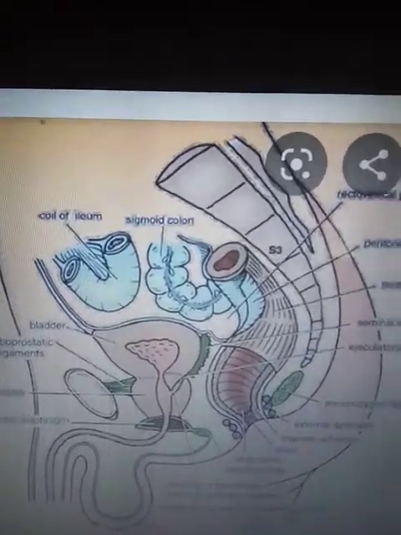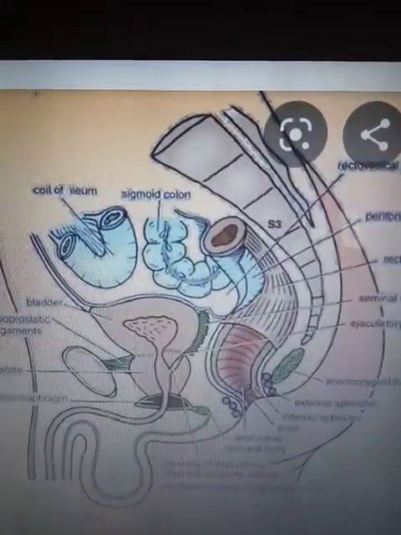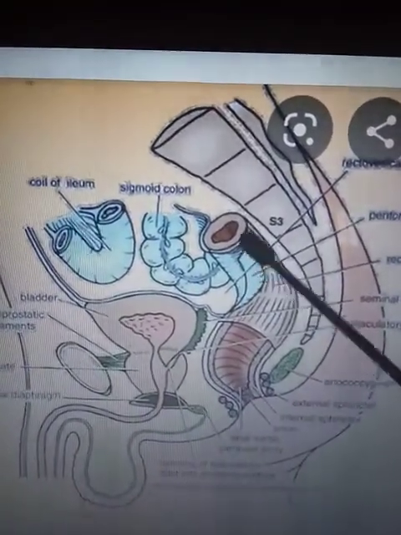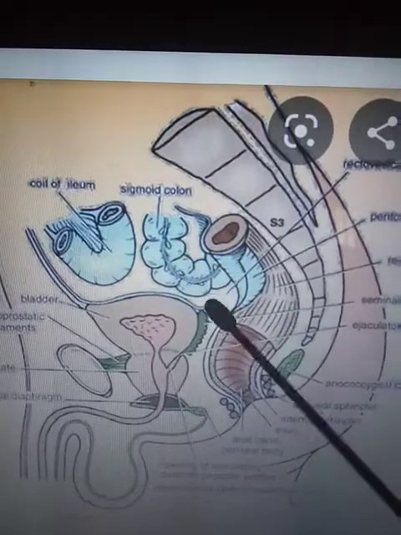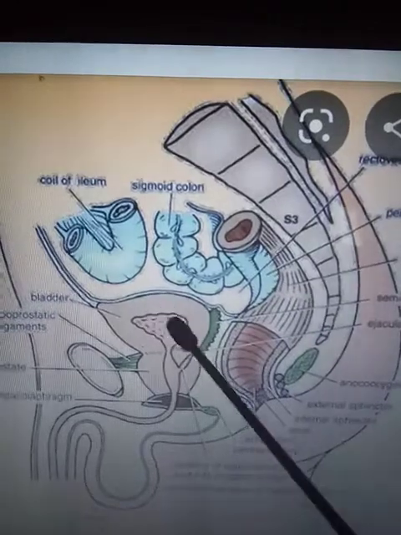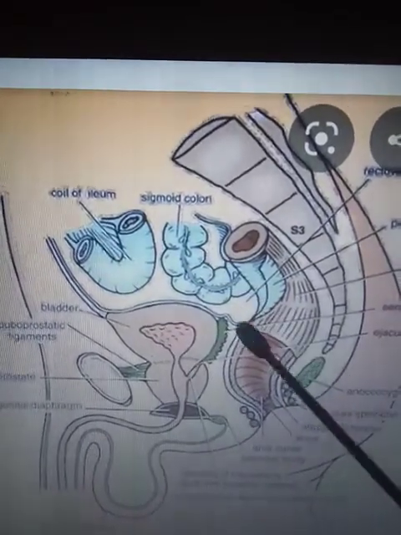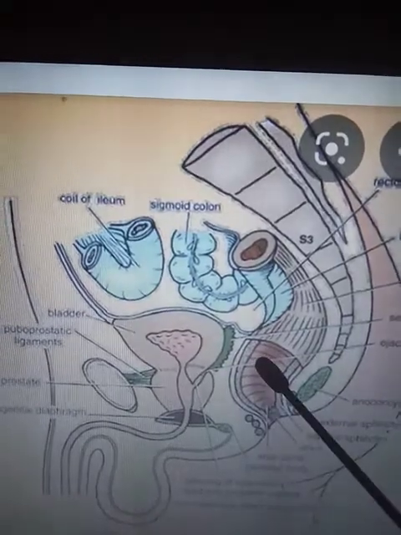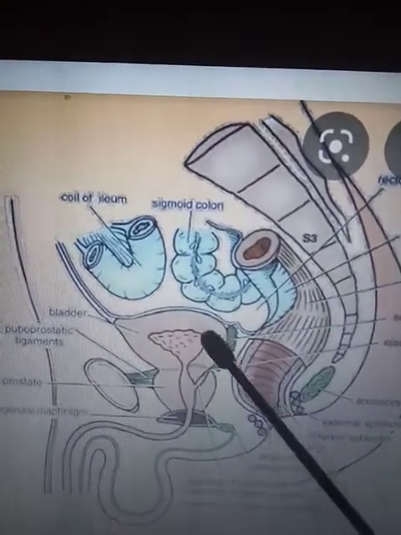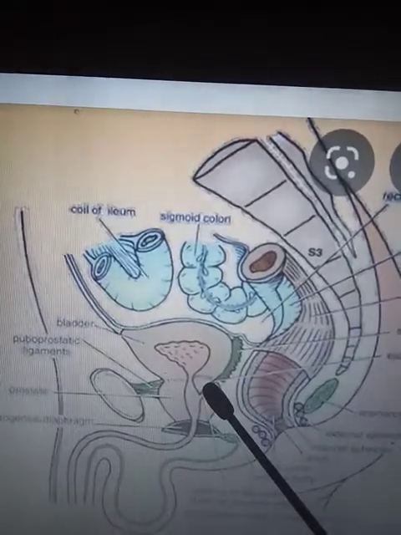Again I will be talking about the relations. देखिए बेटा, in the upper part of the rectum anteriorly, in case of males, you will be having the rectovesical pouch, a pouch between the rectum and the urinary bladder, then the sigmoid colon and the coils of the intestines. Lower down anteriorly, you will be having the bladder, prostate, seminal vesicles and ductus deferens.